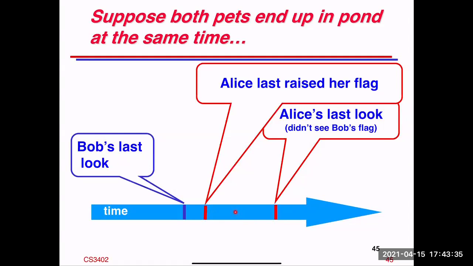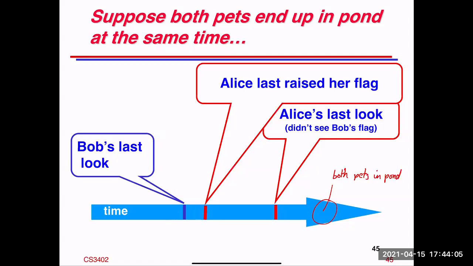Because we know that Bob unleashed his pet, right? So at some point here, those pets are in the pond. Okay, so we know that Bob released his pet. So since Bob looked at Alice's flag in this event here, this event must have happened before Alice raised her flag, because otherwise Bob would have seen Alice's flag, right?